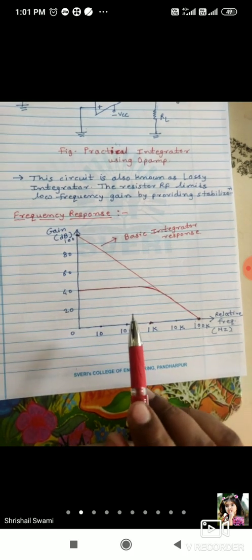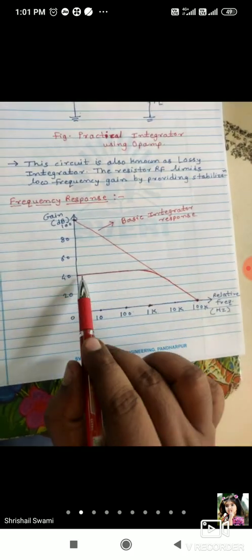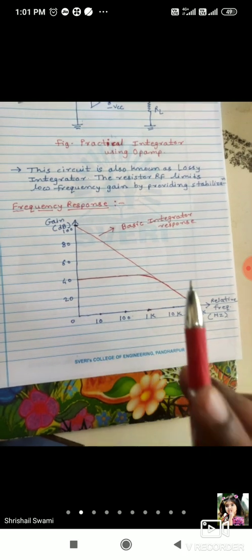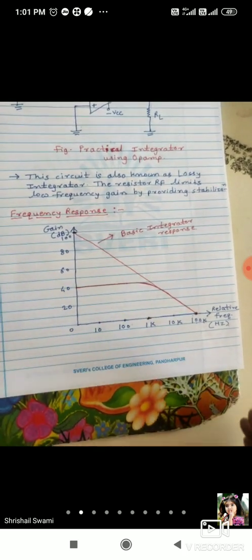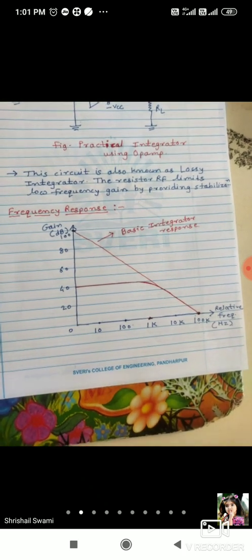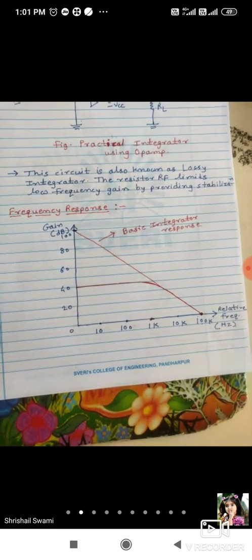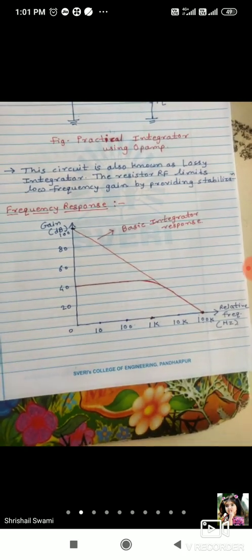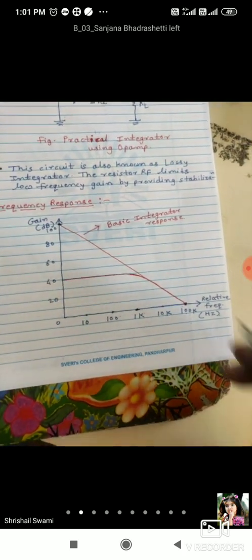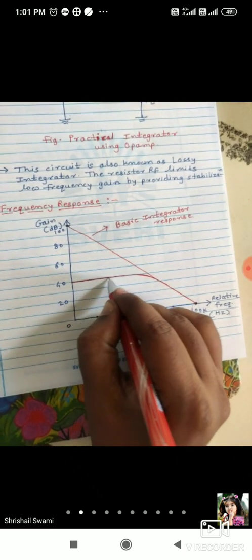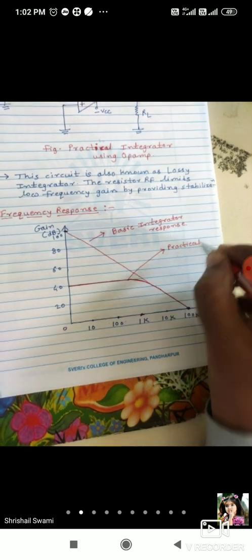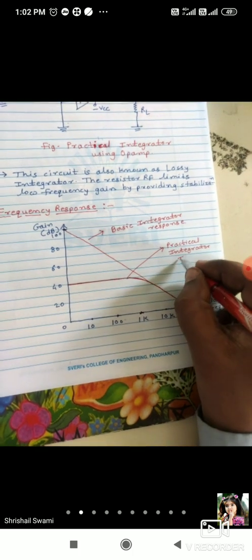But for the practical integrator, for some frequency range, the gain remains constant, due to which the limitations we were getting can be reduced. So this frequency response we can call the practical integrator ideal response.